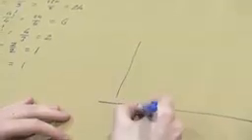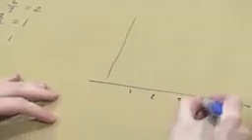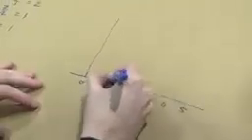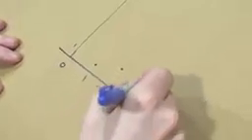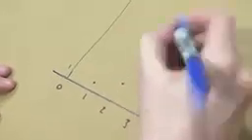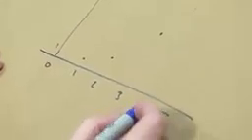Just to continue the idea a little bit further, if we're talking about factorials, let's try and graph them. So let's have 1, 2, 3, 4, 5. 1 factorial is 1. 2 factorial is 2. 3 factorial is 6. 4 factorial is 24, so that's going to be quite high up here.